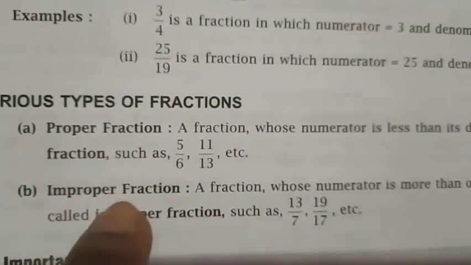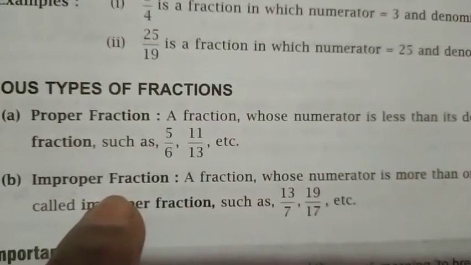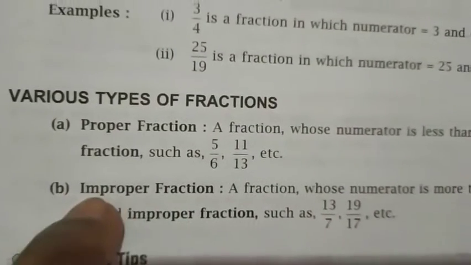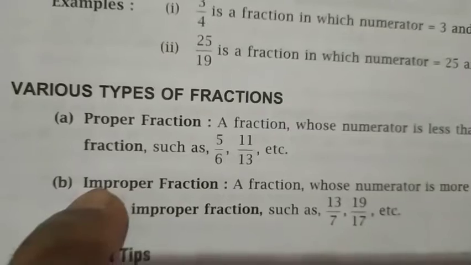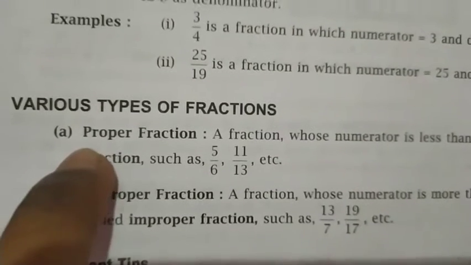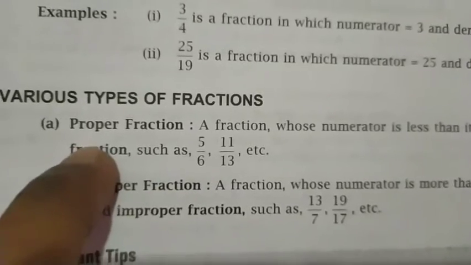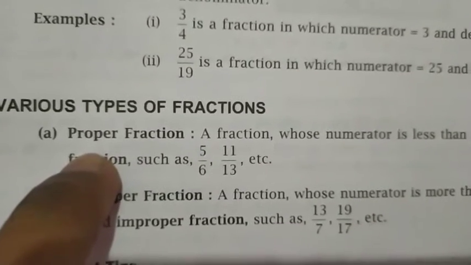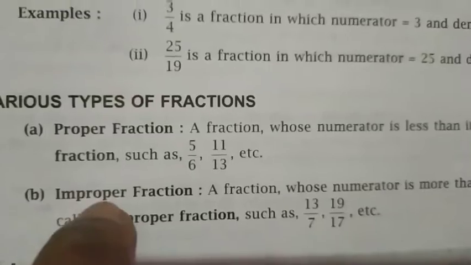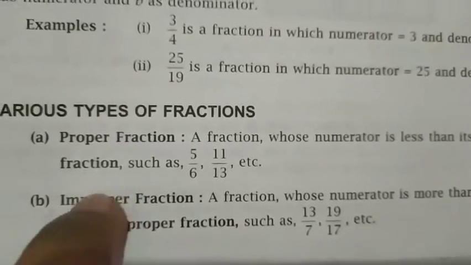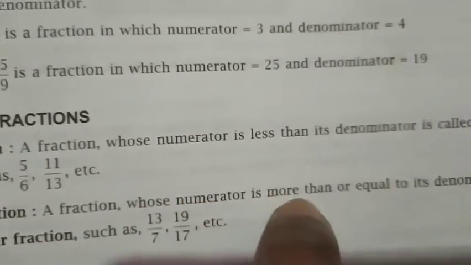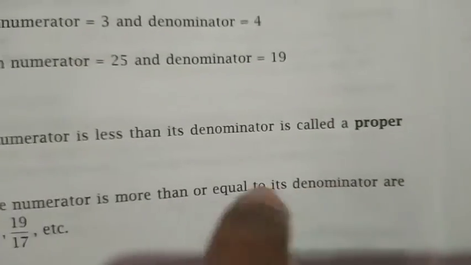Then second is improper. As you can see from the name, the prefix im has been added before proper. The im prefix is used to make the opposite of the root word, as you have studied in English grammar. Then it will be the opposite of proper, that is, the numerator is more than or equal to its denominator.